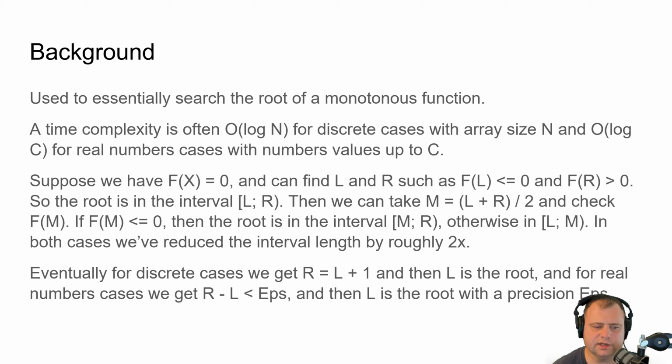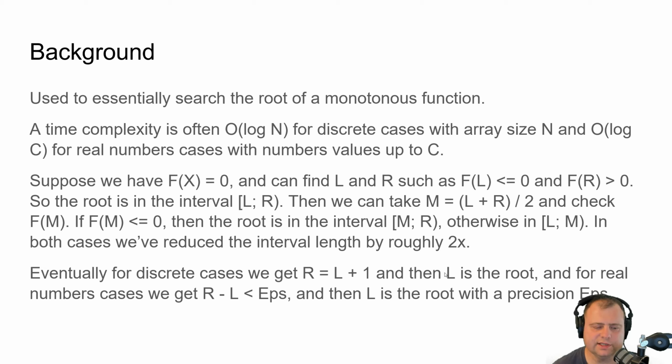So in both cases we've reduced the interval length by roughly 2x. In discrete cases it would be approximate, while in real number cases it would be pretty much equal to a 2x decrease. And this means that eventually, for discrete cases, we get R equals L plus 1, and then L is the root, or the element at position L is the number we are looking for.